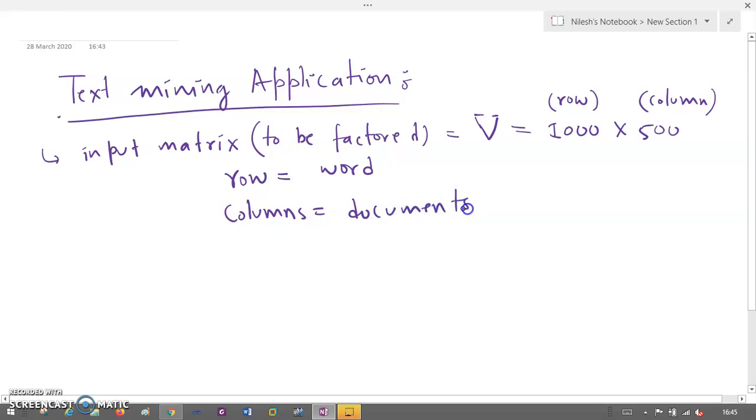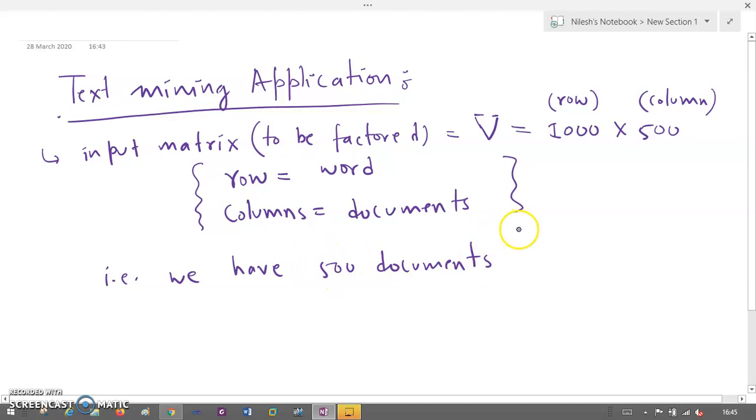Okay, so my row represents word and my column represents document. That means we have 500 documents, as these documents represent column, and we have column 500.